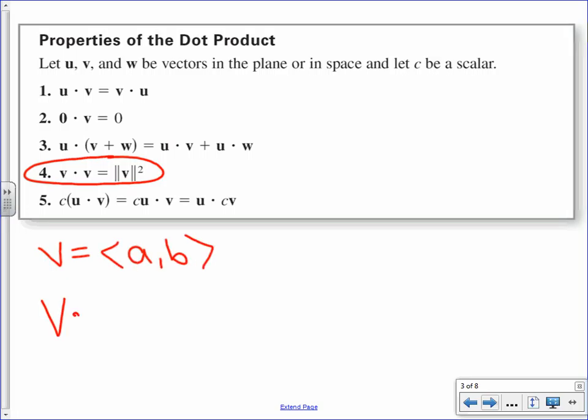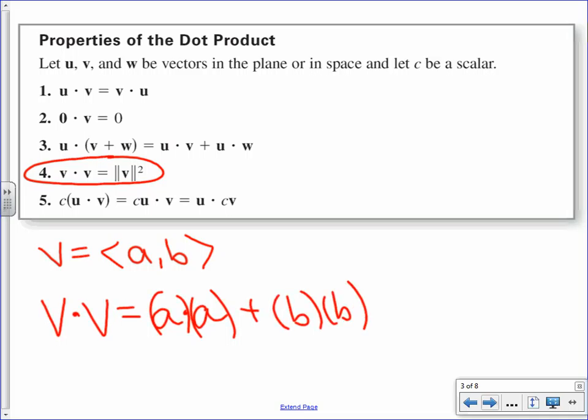Then if we take v dot v, we're going to take a times a and add it to b times b. Well, isn't that just a squared plus b squared? Which is underneath the radical of our magnitude. So the dot product of a vector with itself gives you the square of the magnitude.